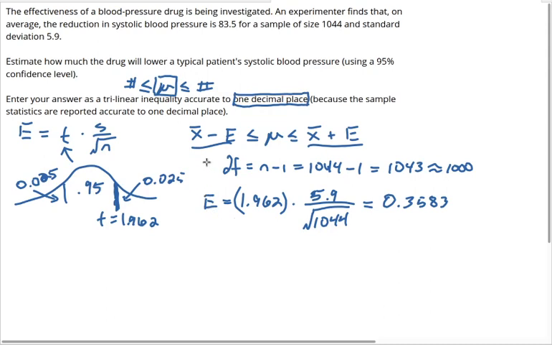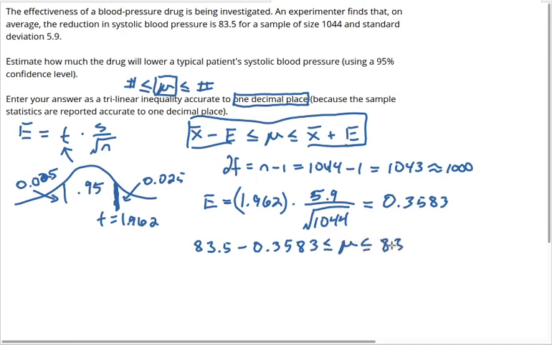Okay, now that we have our margin of error, we can plug it into this inequality formula. I'm going to plug in my sample mean, which is 83.5, minus 0.3583, and of course that's an excessive number of decimals, but we can still round at the end.